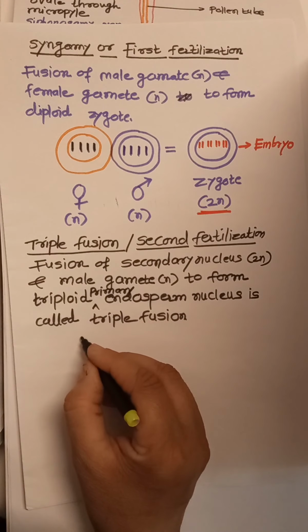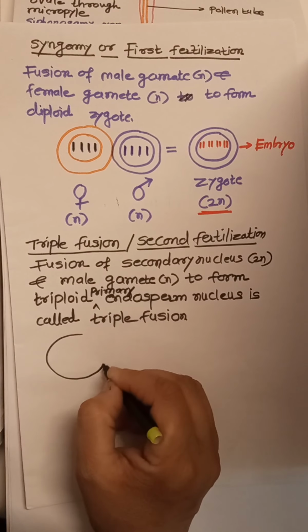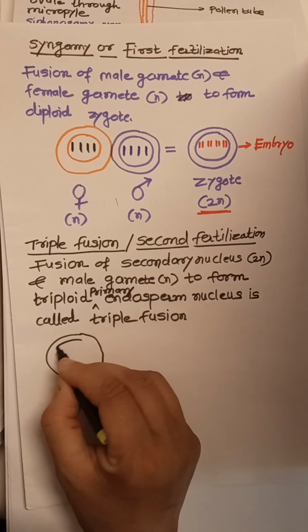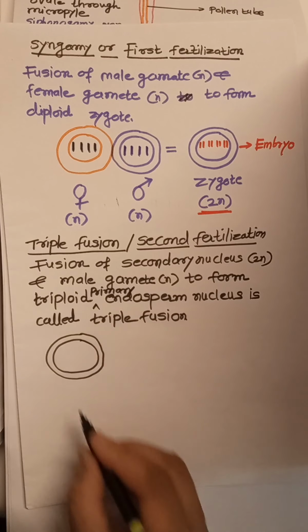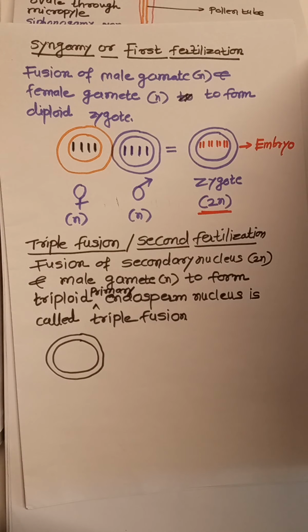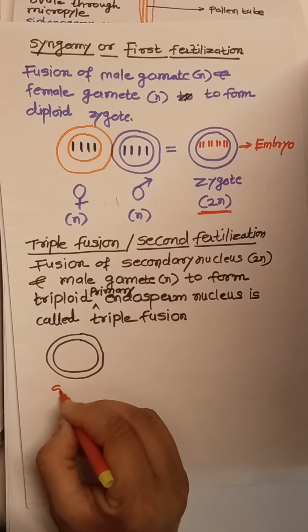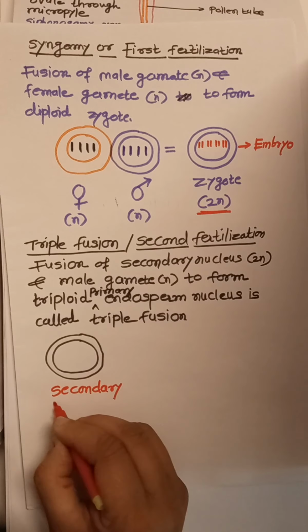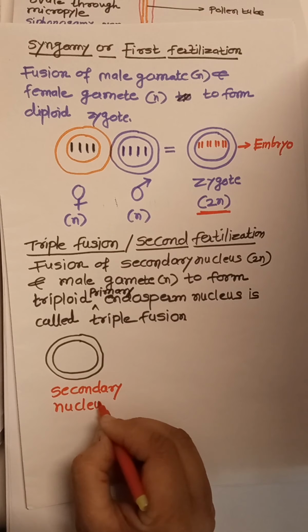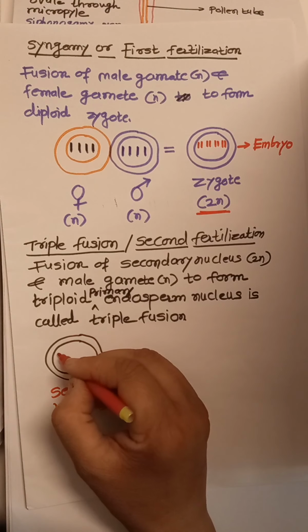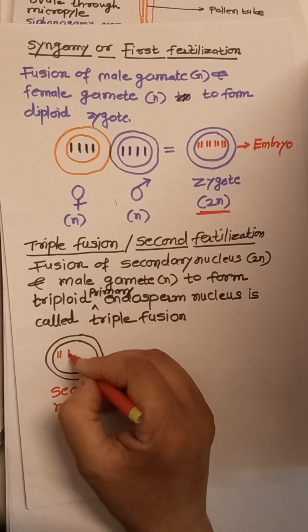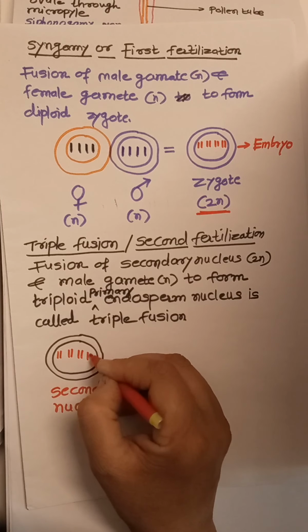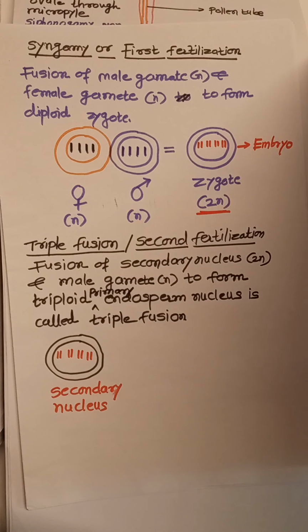This is the secondary nucleus. The secondary nucleus is diploid, meaning chromosomes are present in pairs.